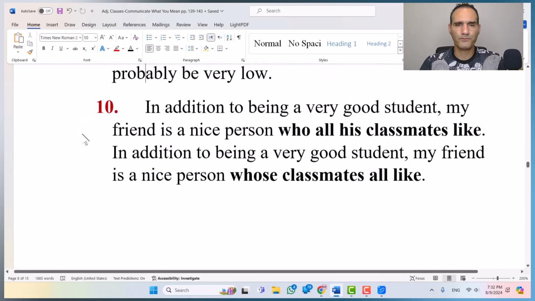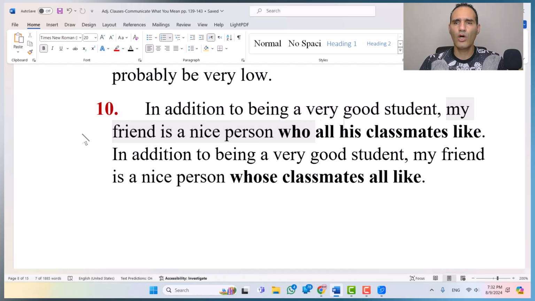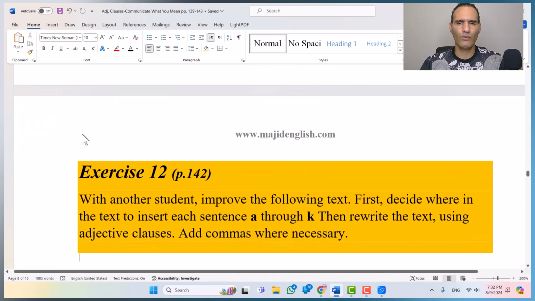Number 10: In addition to being a very good student, my friend is a nice person who all his classmates, the same story, I prefer this one: In addition to being a very good student, my friend is a nice person whose classmates all like. Okay, you got it? Your mind got warmed up.